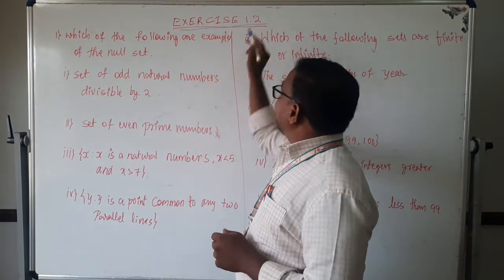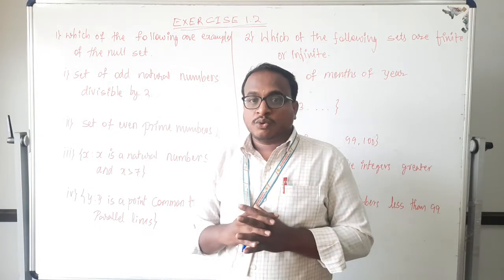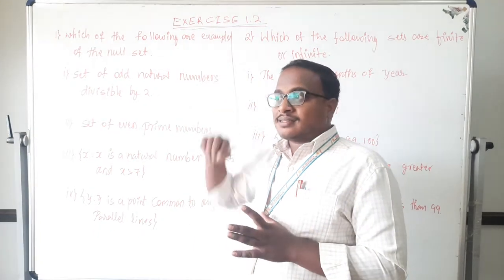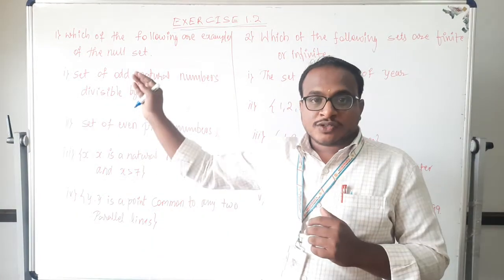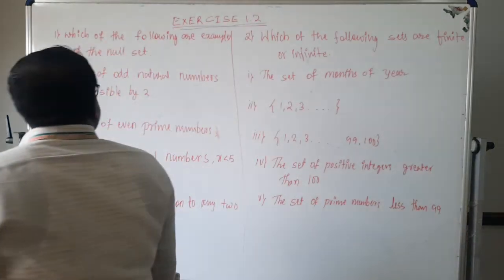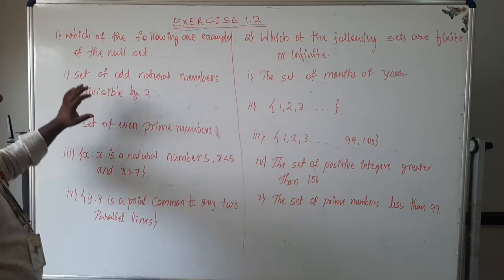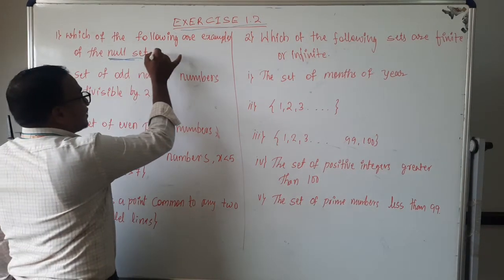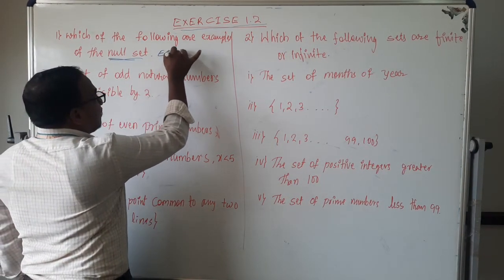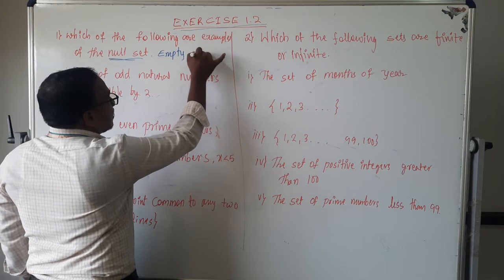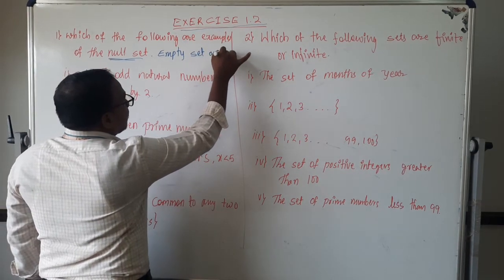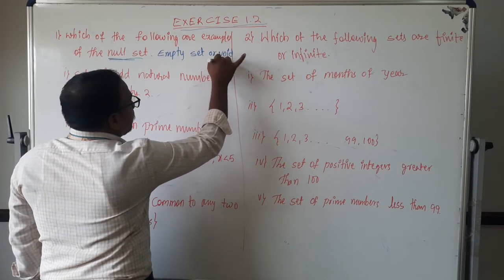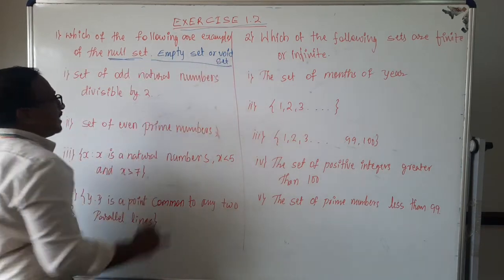In this exercise 1.2, the first question is, which of the following are examples of the null set? We know that the null set means empty set, or we can call it a void set also.